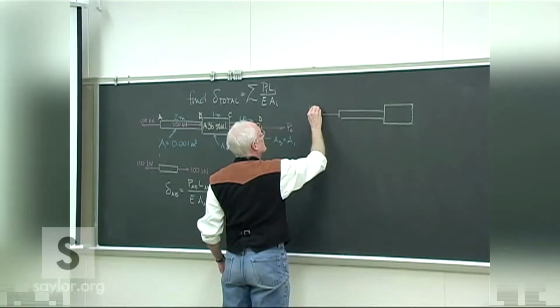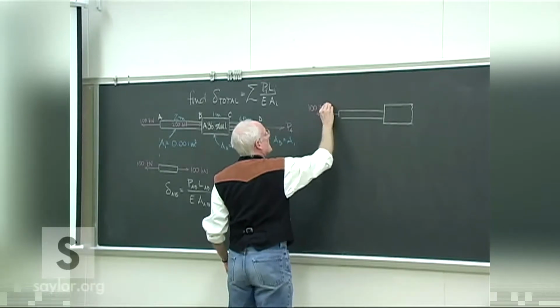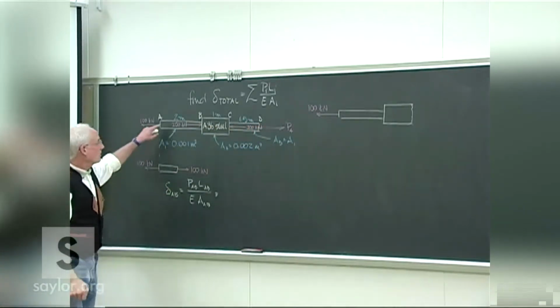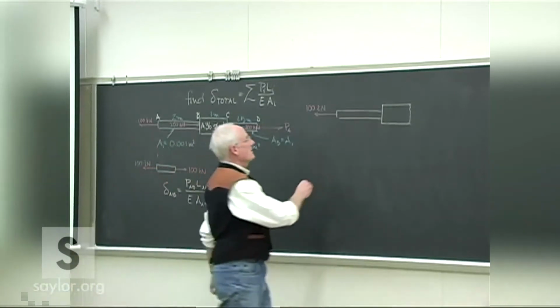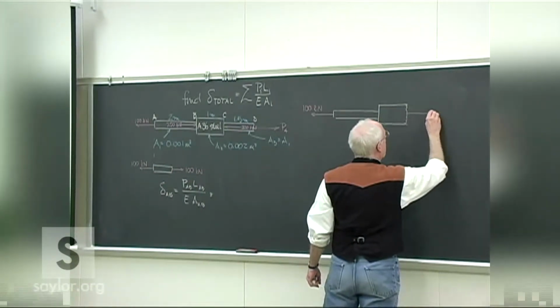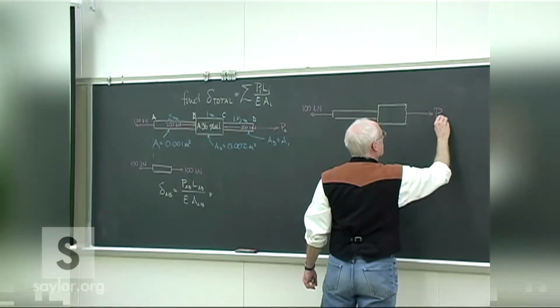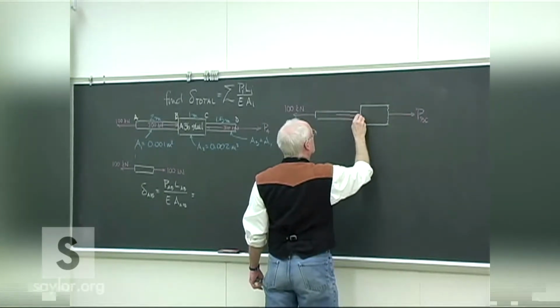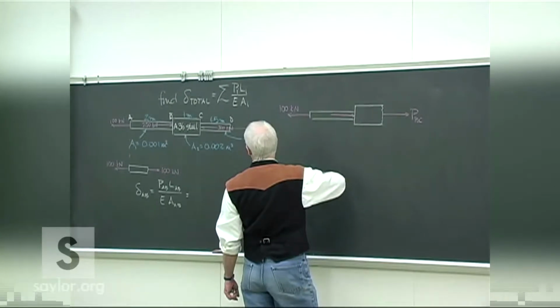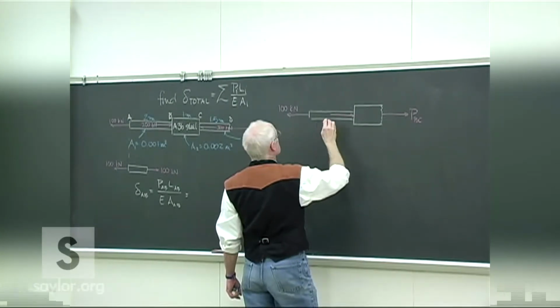And you have to do this anytime either the cross-section changes, the material changes, or a new load is applied, or any combination of those. And then you can figure out what the load is through the piece BC.